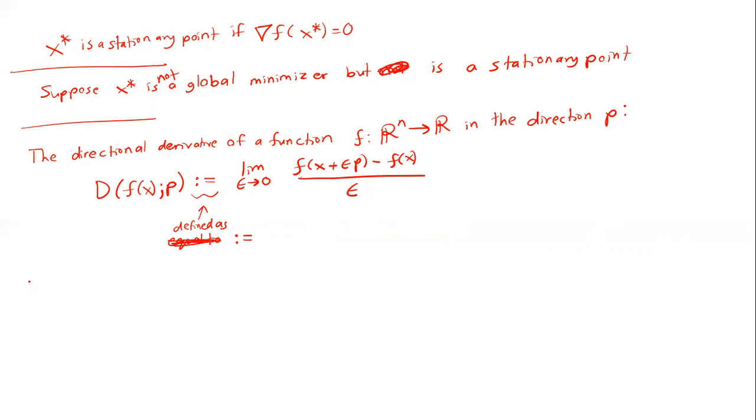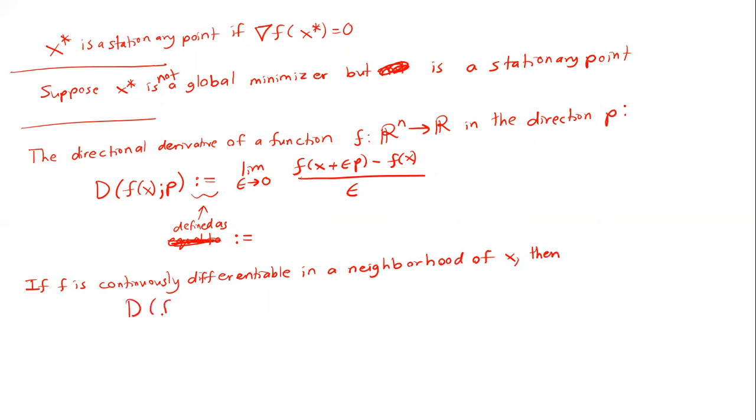Something that we saw before is that if f is continuously differentiable in a neighborhood of x, then what we get is that the directional derivative D(f(x); p) equals del f of x transpose p.